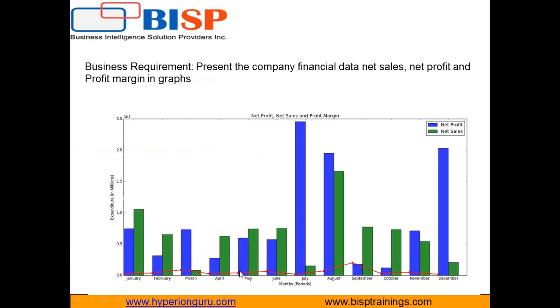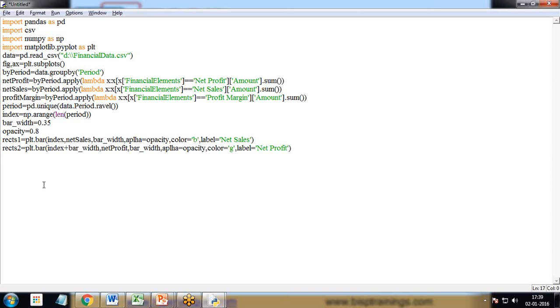Now the final graph, the profit margin, I would like to represent as a line chart. So I create rects3, and to create a line chart, the command is plot. The plot is used to create a line chart, and this will be index, because there will be no bar, so we don't need any width.